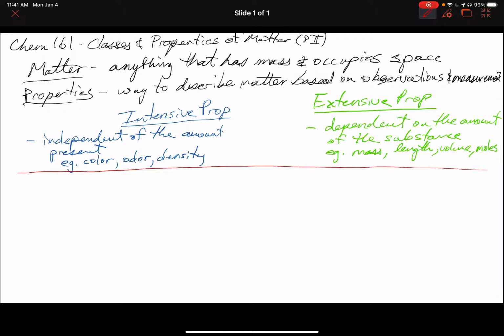Now let's further classify some additional properties as being either physical or chemical. So let's talk about physical properties.